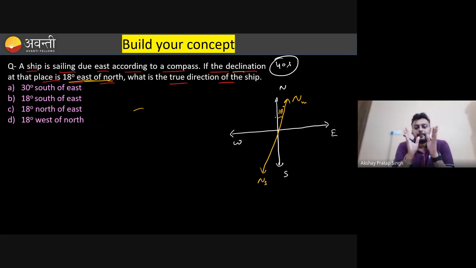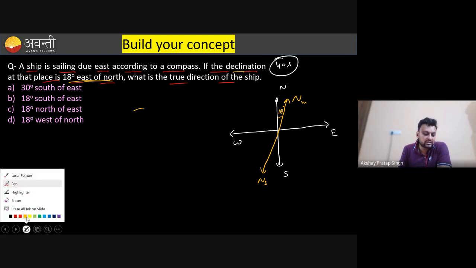Now, this declination thing, mark my words, tells us the direction of north and south declared by the magnet or the compass. If north and south are in this direction, everybody knows that east and west will be perpendicular to it.